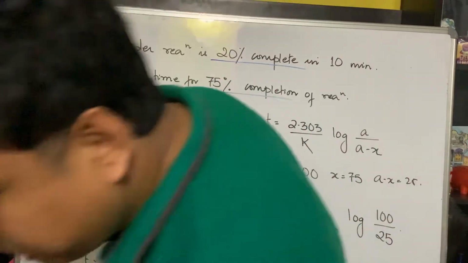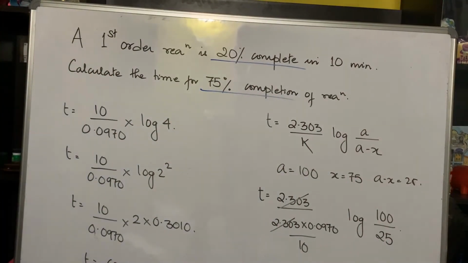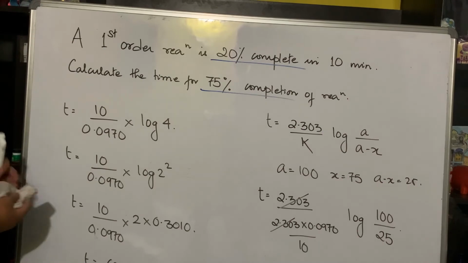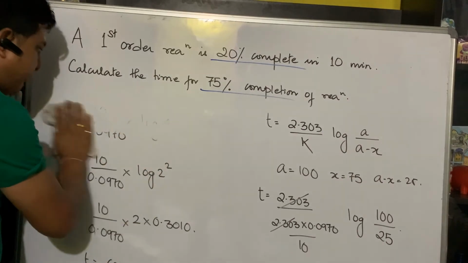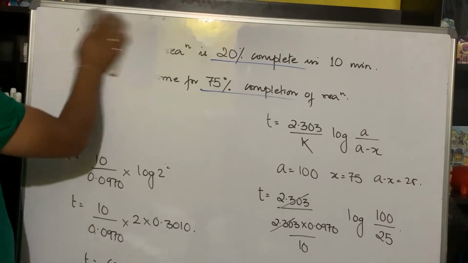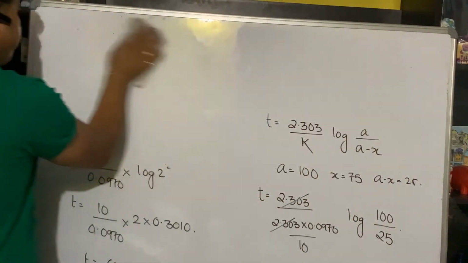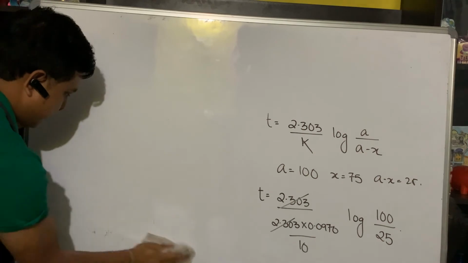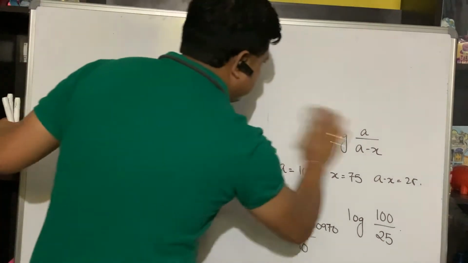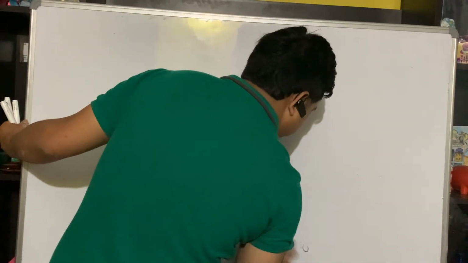These types of questions are very common. And remember, in your earlier class, I told you half-life means T 50%. Half-life means the time taken for 50% of a reaction to complete.